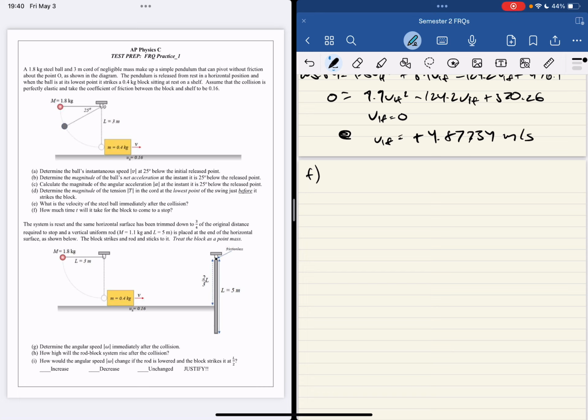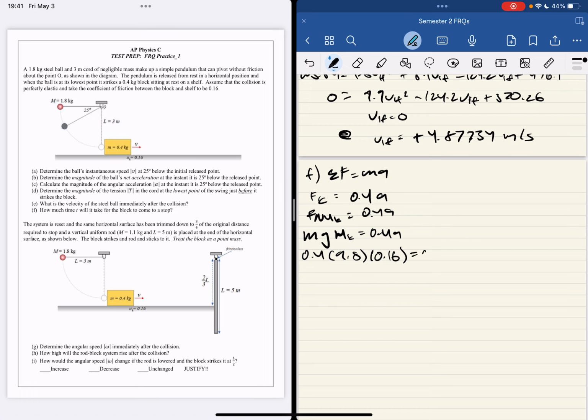First, I'm going to set up net force to find the acceleration of the block. And we know that the only force acting on it will be Fk once it's on the rough surface, which is equal to 0.4 A because it's M2. And we know that Fk is just going to be Fn μk, which is equal to mg μk is equal to 0.4 A. 0.4 times 9.8 times μk, which is 0.16.